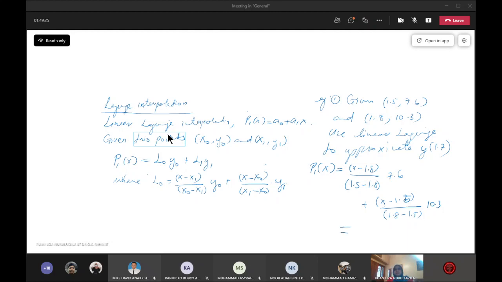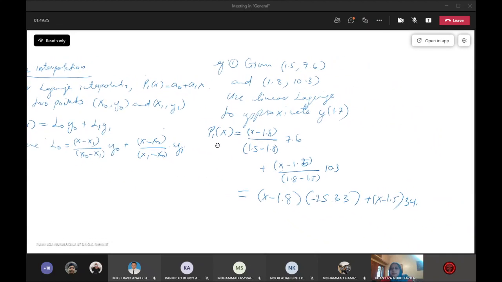Which is equal to x minus 1.8 into 7.6 divided by negative 0.3, which is minus 25.33, plus x minus 1.5 into 10.3 divided by 0.3, which is 34.33.